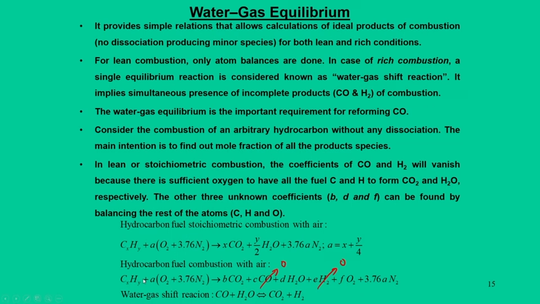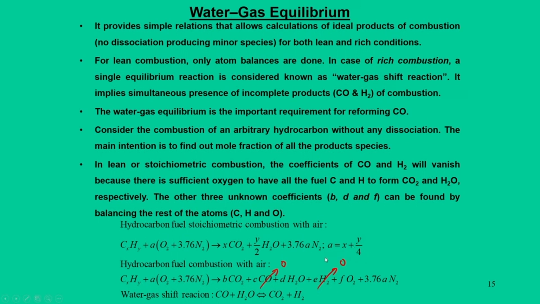So, now we can have a balanced equation. We have components like carbon, hydrogen and oxygen atoms. By using these equations we can find the unknowns B, D, F. These three are unknown and A is already known because A is equal to x plus y by 4.